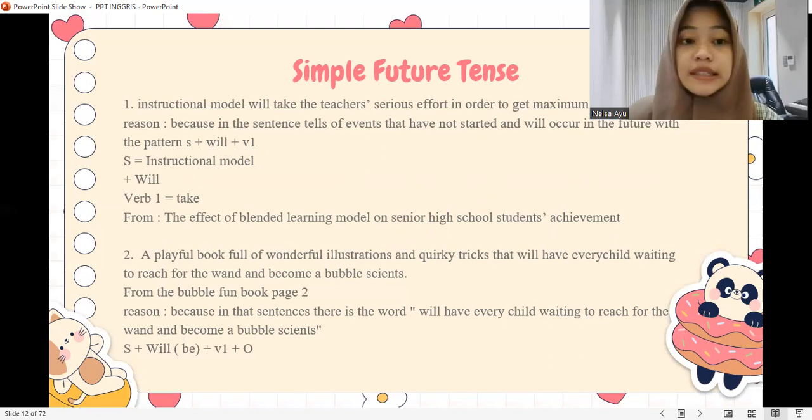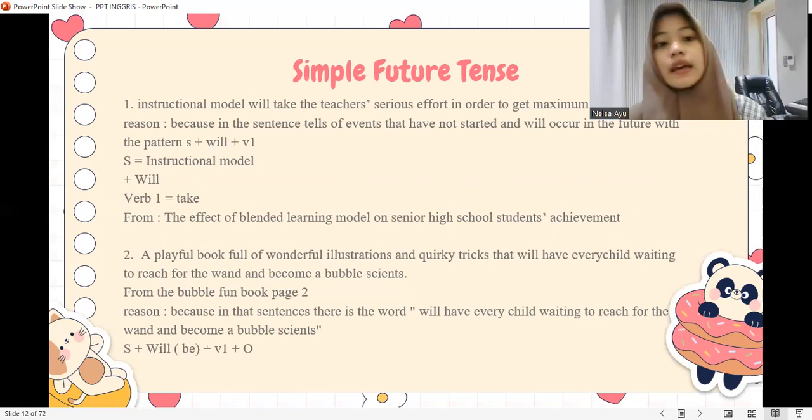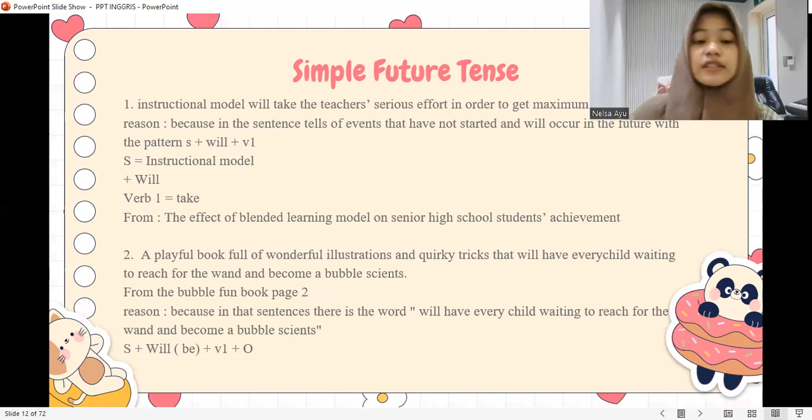The subject is instructional model, plus will, and the verb 1 is take. Reference from the article "The effect of blended learning model on senior high school student achievement."